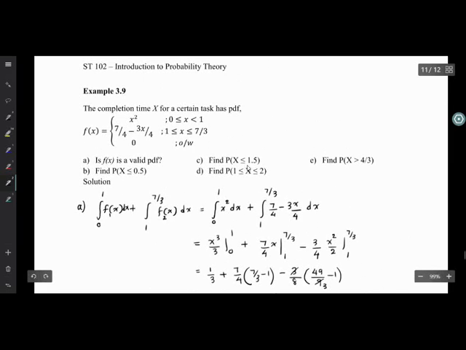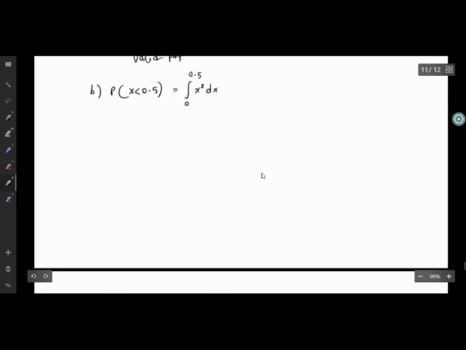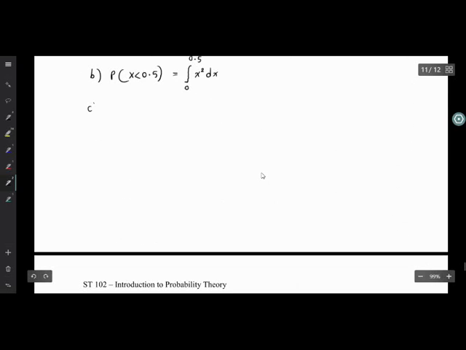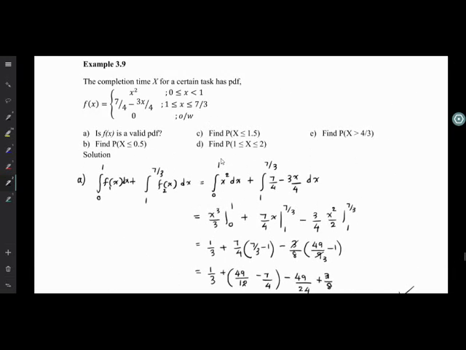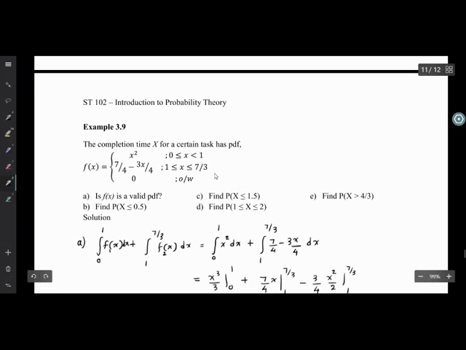Now the next one is x less than 1.5. I do not do the integration, you can find it. I'll show you how to get it only. When x is less than 1.5, 1.5 is in the second interval, right? So 1 up to 1.5 you have to use the second function, and for the rest of the support, you have to use the first function.